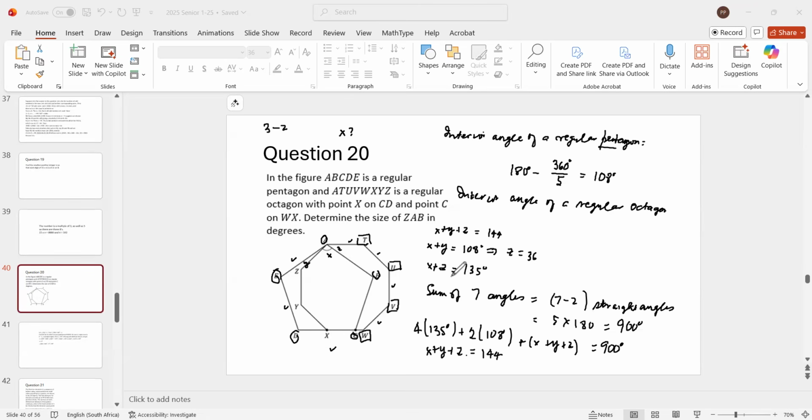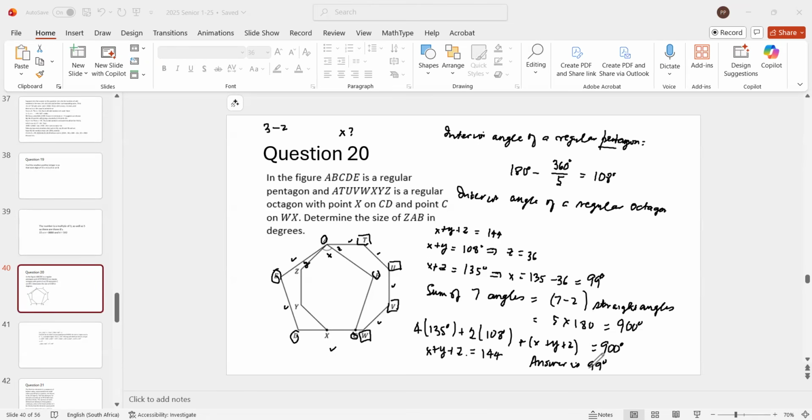I don't want Z. Oh, okay, I do want Z. So now X will be 135 minus 36, and that is 99. So that is what we needed, X. So the answer to the problem is 99 degrees.